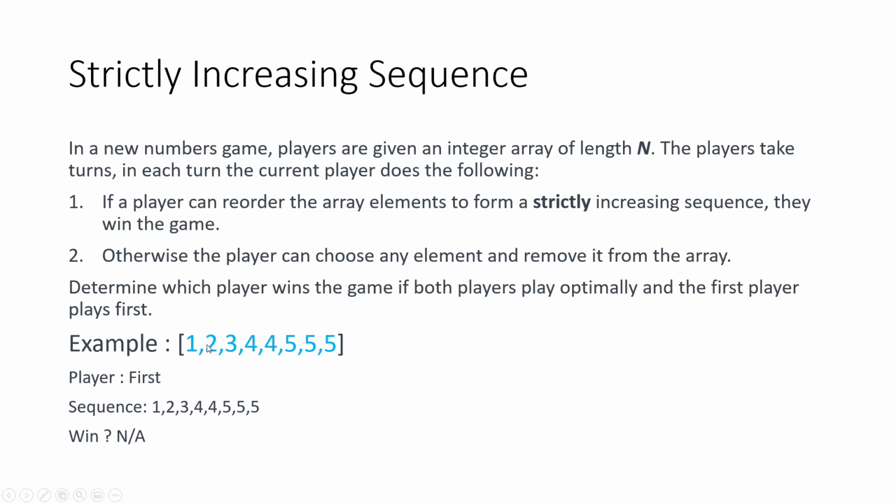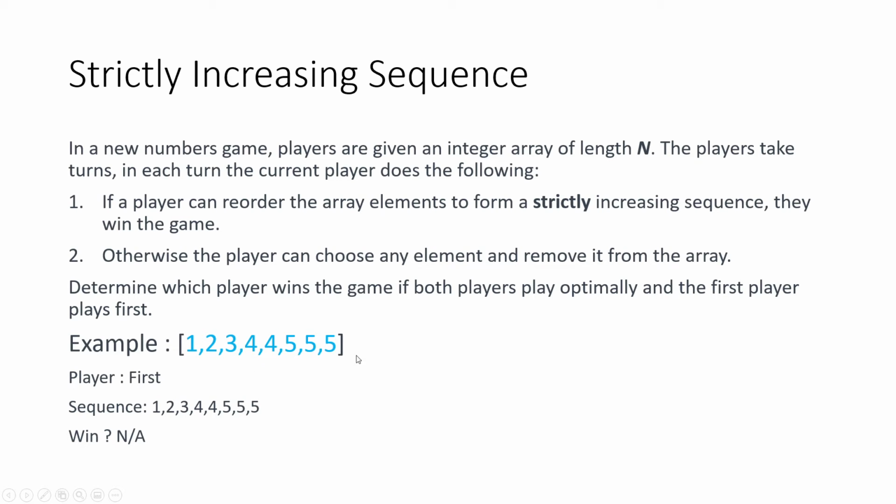If the sequence has an even number of elements, then after an even number of steps, you will reach this kind of array. If the sequence has an odd number of elements, then you will have to remove an odd number of elements to get this kind of array.